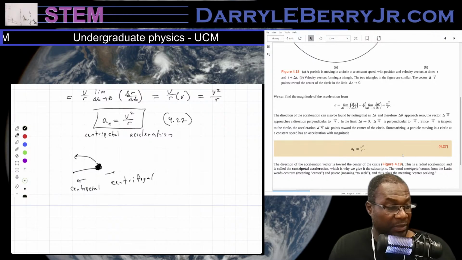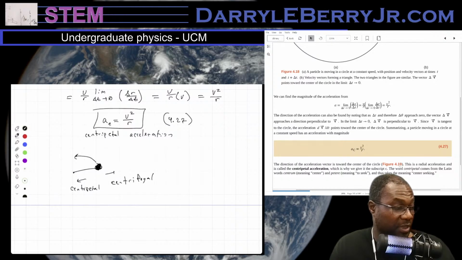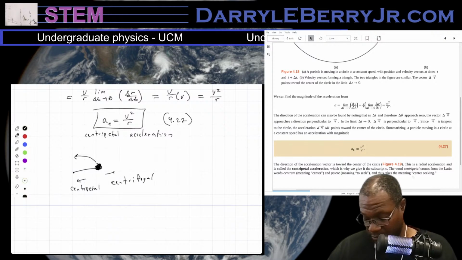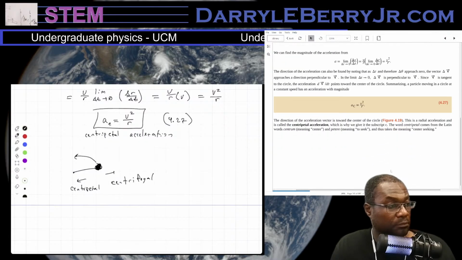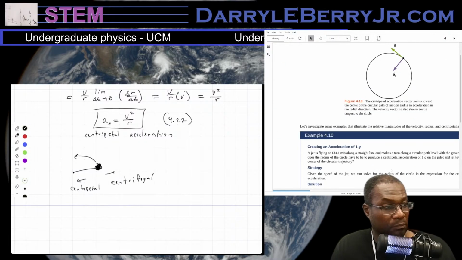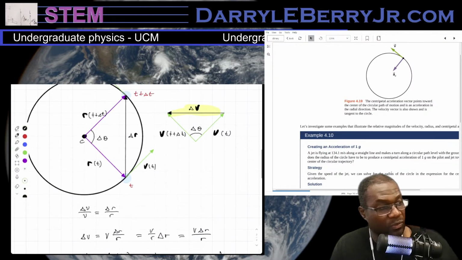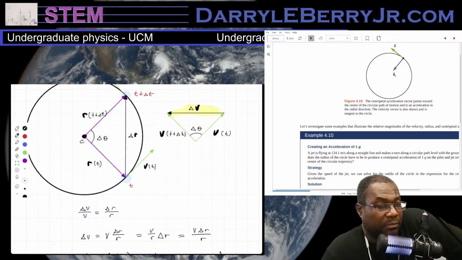Which is why we give it the subscript C. The word centripetal comes from the Latin word centrum, meaning center, and petere, meaning to seek, and thus takes the meaning center seeking. So acceleration is along the radius.